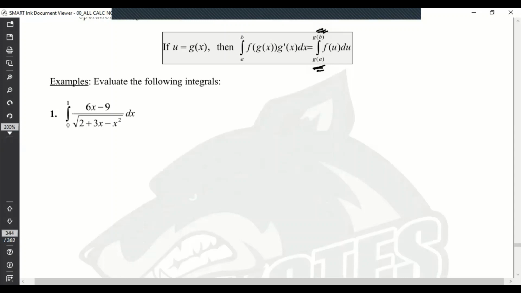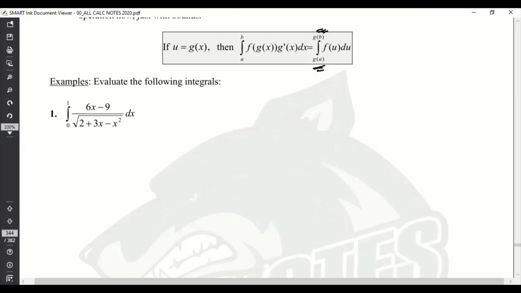First example, we have the integral from 0 to 1 of 6x minus 9 over 2 square root of 2 plus 3x minus x squared, all dx. Now, I've got an inner function downstairs, this square root of 2 plus 3x minus x squared. That trinomial is your inner function.